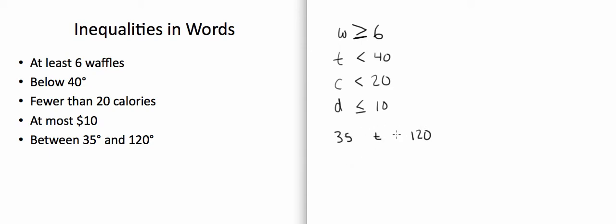Since it's less than 120, we have less than 120, but it's greater than 35. And when we think about inequalities, the mouth always has to open up to the bigger object. So we have essentially two less than signs. So 35 is less than T, which is less than 120. This is what we call a compound inequality. And we'll deal with those as well here in this section.